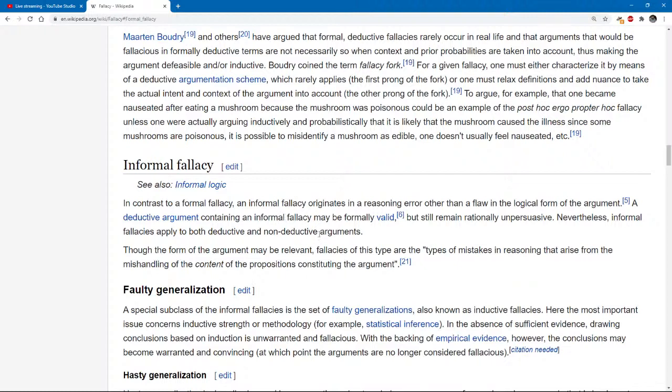A deductive argument containing an informal fallacy may be formally valid, but still remain rationally unpersuasive. Nevertheless, informal fallacies apply to both deductive and non-deductive arguments. Though the form of argument may be relevant, fallacies of this type are the types of mistakes in reasoning that arise from the mishandling of the content of the propositions constituting the argument.